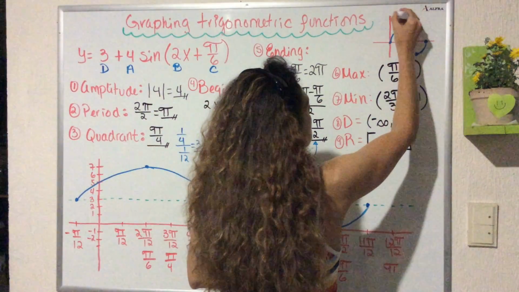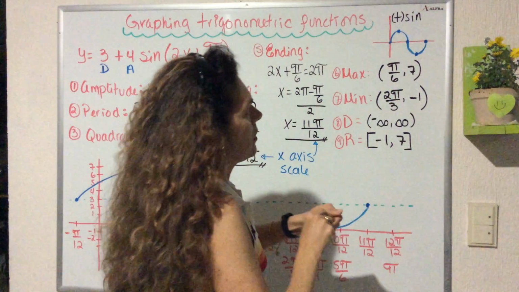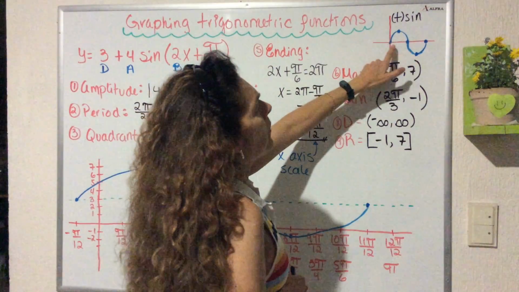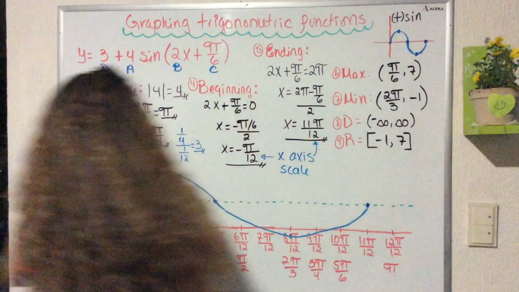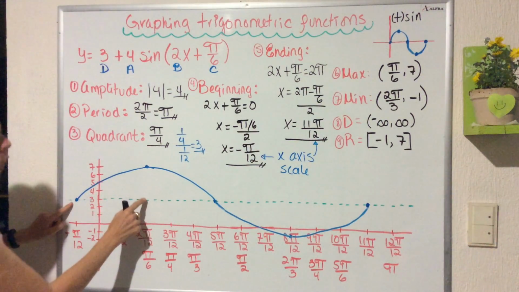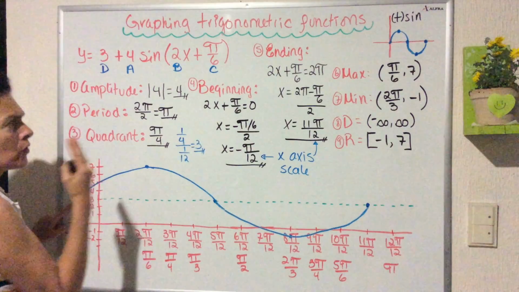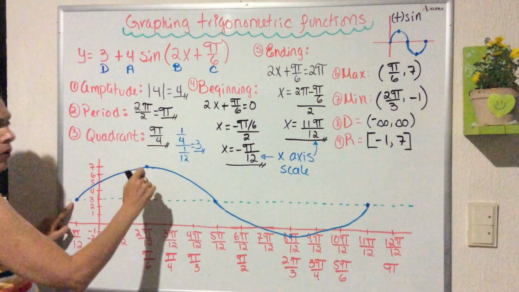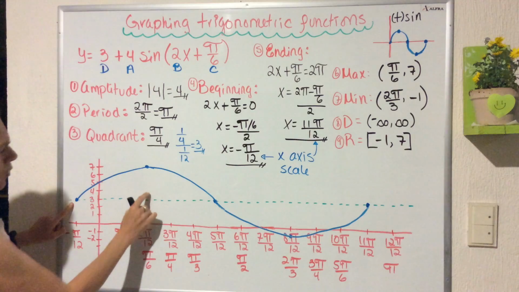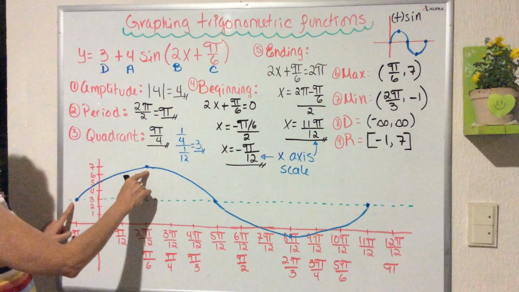This is the positive sine graph, okay? So I have to go up. So if I am here, 1, 2, 3, and then I go up. How many units? I am going up 4 units because of the amplitude. So you start counting 1, 2, 3, 4. And there you have your second important point.